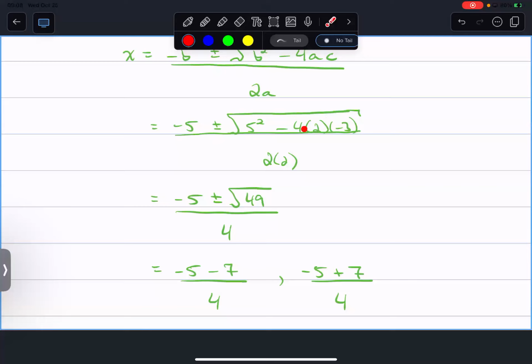And so minus, that takes away that negative there. So it looks like this: 25 minus -24. Okay. Thanks. And that gets me to root 49. Nice.